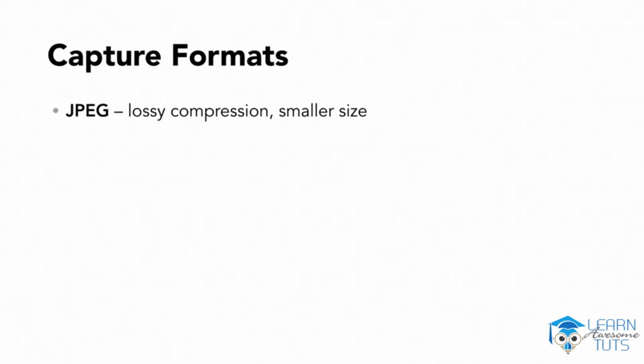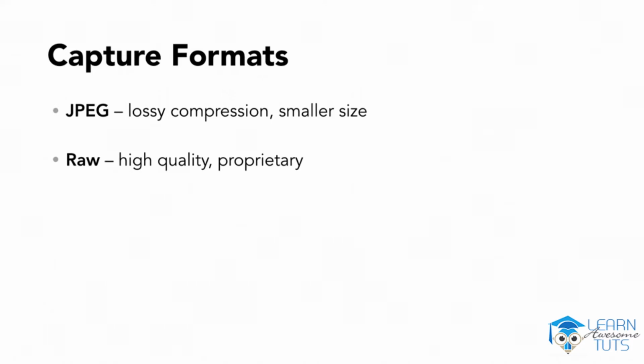So when given the option, I would choose not to capture in a lossy compression format like JPEG, but in a RAW format instead. Now, RAW is a generic term for a file format traditionally used to describe images that are captured by digital cameras and, more recently, mobile devices. The primary difference between JPEG and RAW files is that the RAW file formats contain all of the data that the sensor captured.